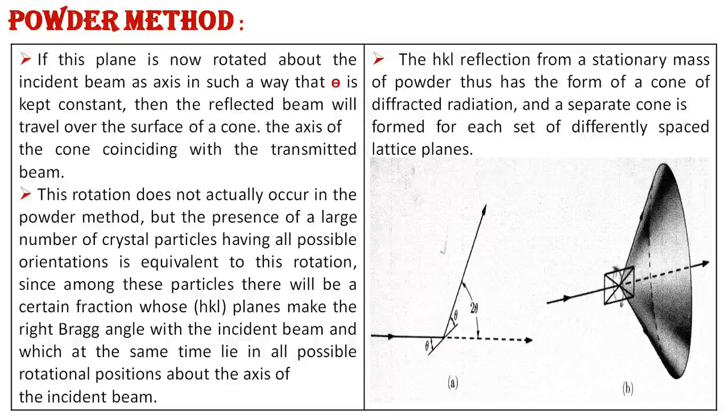The hkl reflection from a stationary mass of powder thus has the form of a cone of diffracted radiation, and a separate cone is formed for each set of differently spaced lattice planes.